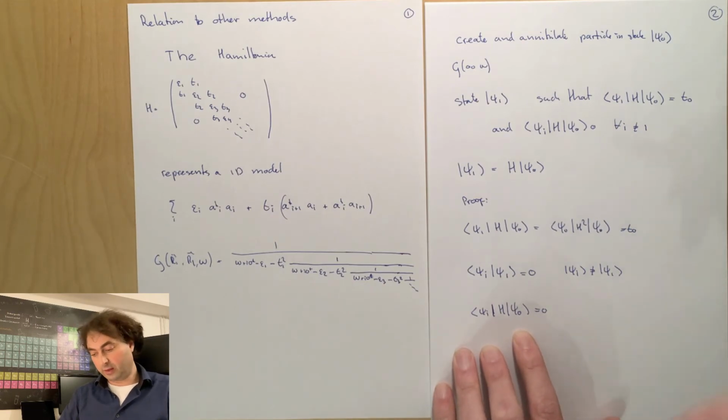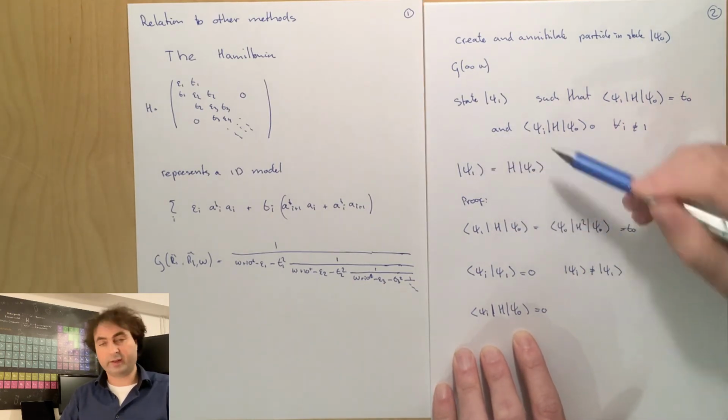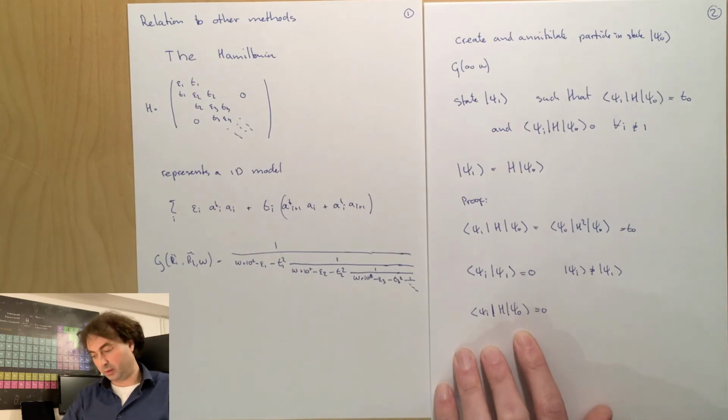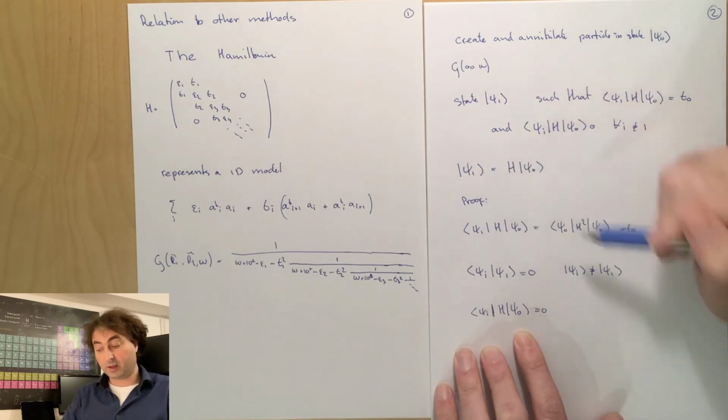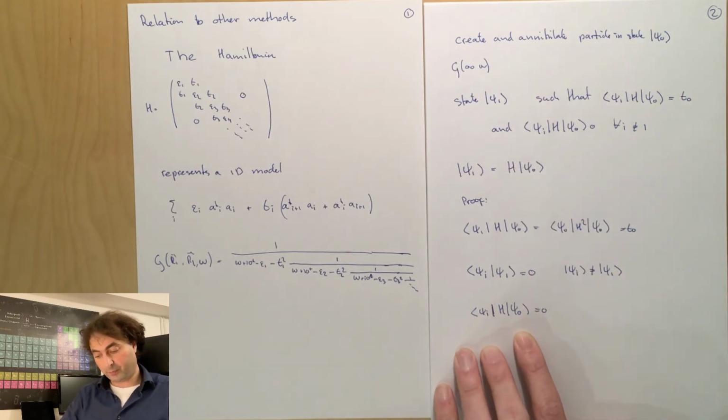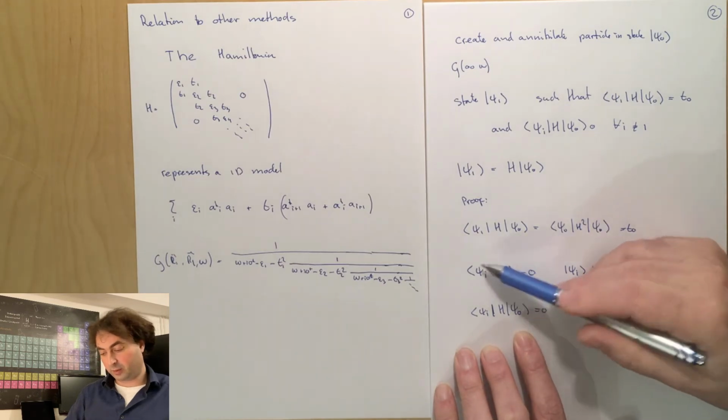But now we should realize that our psi 1 is not necessarily orthogonal to psi 0. And it's exactly the overlap between psi 1 and psi 0, which is the energy of psi 0. So for psi 0, this doesn't hold.